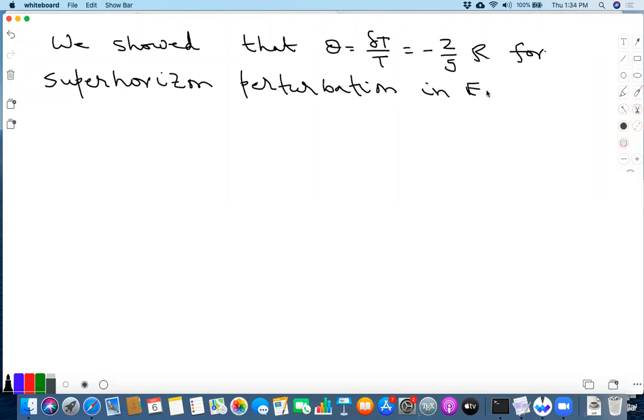So this is not a gauge independent statement. Other things that you are going to do also depend on gauge, and the final result should be gauge independent.